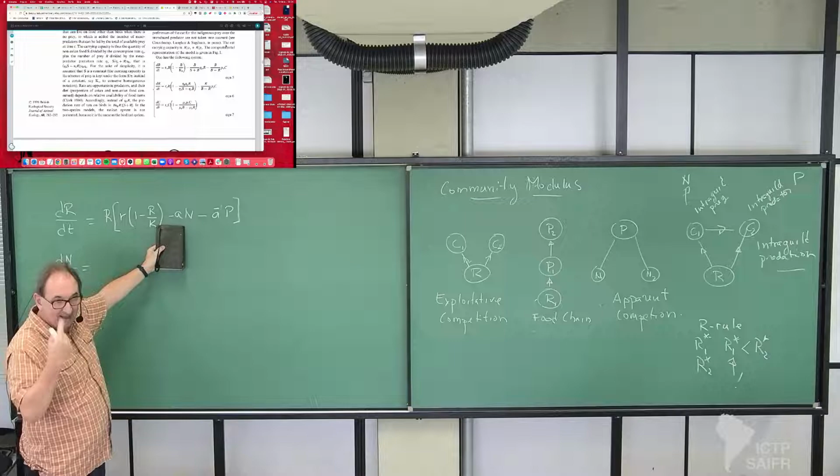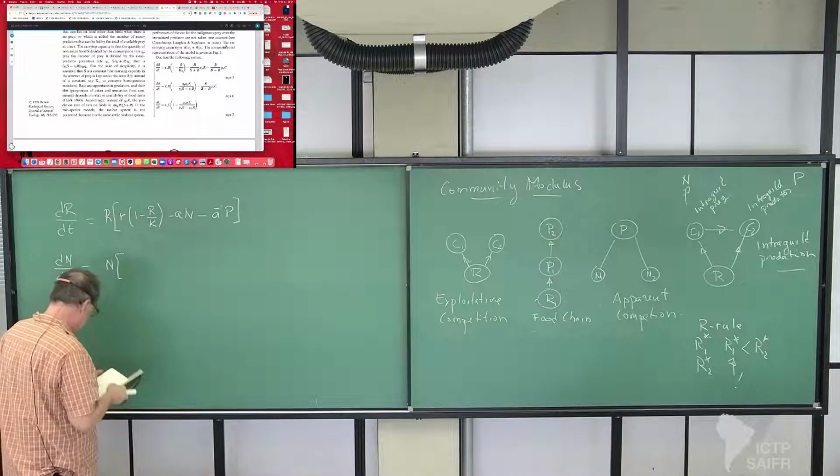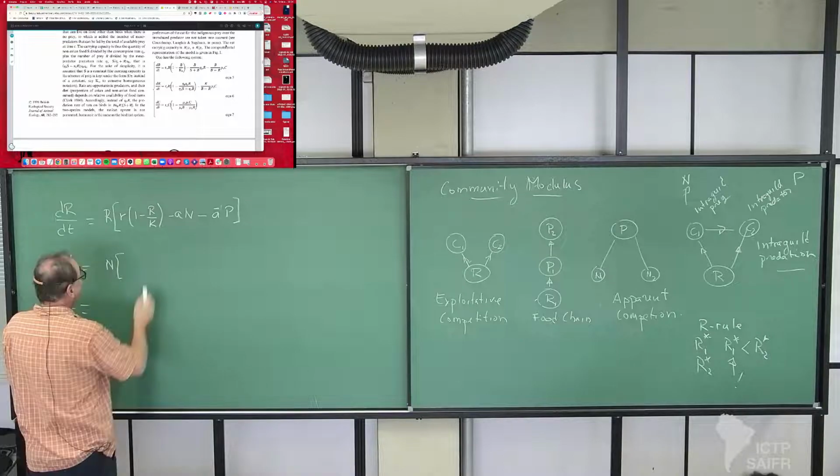So for the intraguild prey, it preys upon the resource, so it consumes the resource.